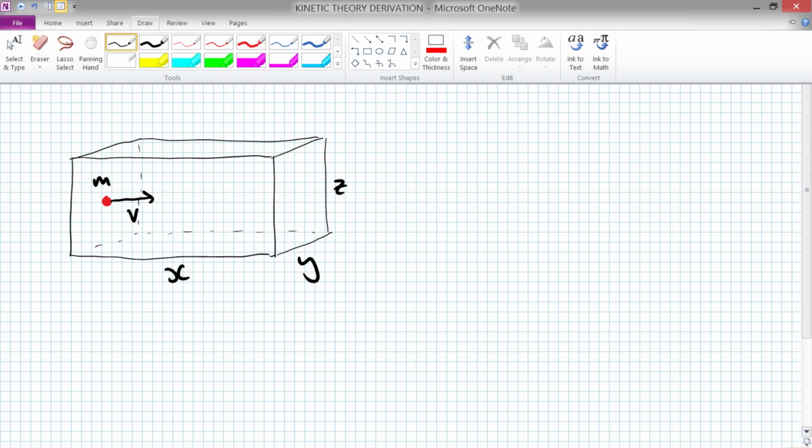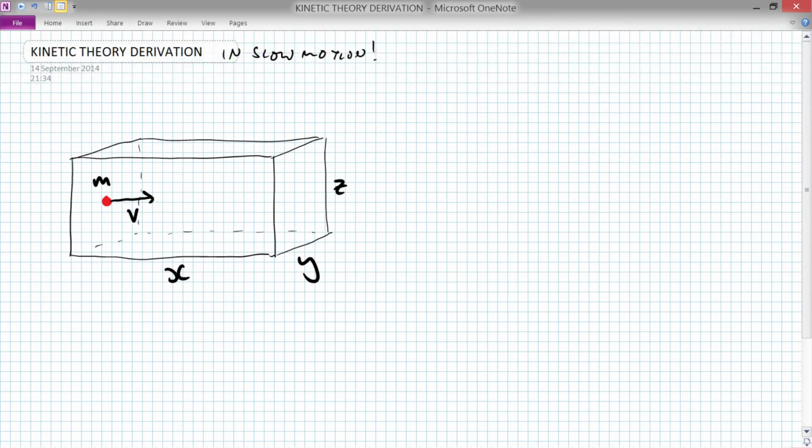So the first thing we start off with, we need to make some assumptions. They are 1, 2 and 3. The first assumption is that we're going to assume that particles do not interact with each other. And if you remember, I called them ghost particles.